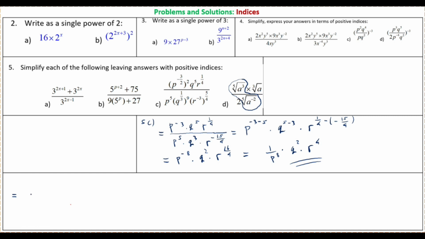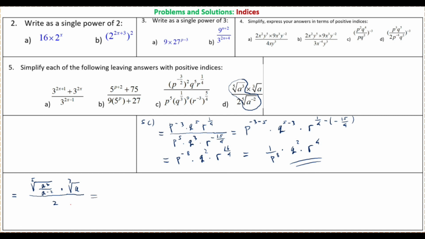We use one of the surd laws, so that equals the fifth root of a to the power of 3 divided by a to the power of minus 2, and then times the third root of a, and all over 2.